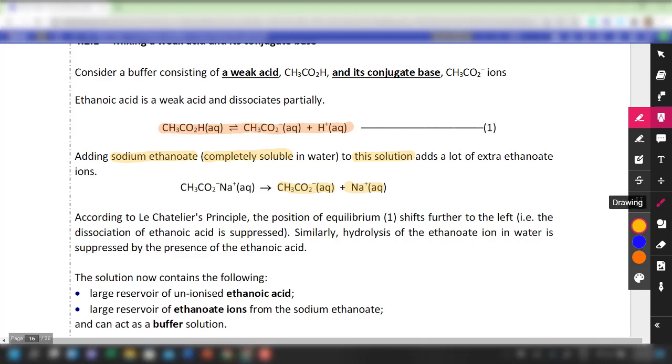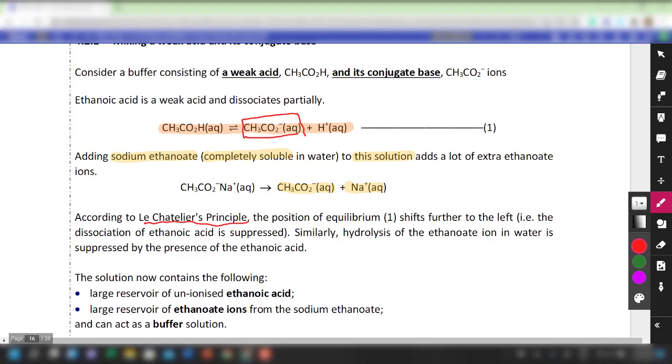And when that happens, you might notice that it will actually suppress the ionization of ethanoic acid. This is according to what you learned from Le Chatelier's principle in chemical equilibrium. If you are still unsure, let me repeat myself. First of all, ethanoic acid ionizes partially in water to give ethanoate and H+.